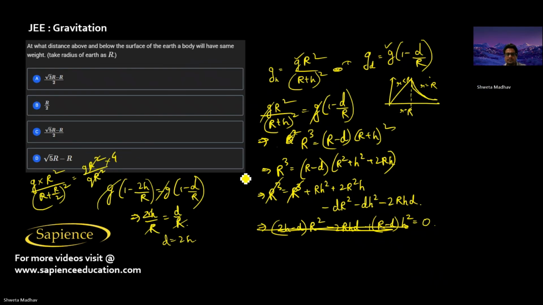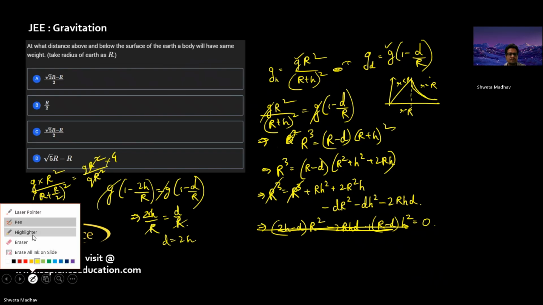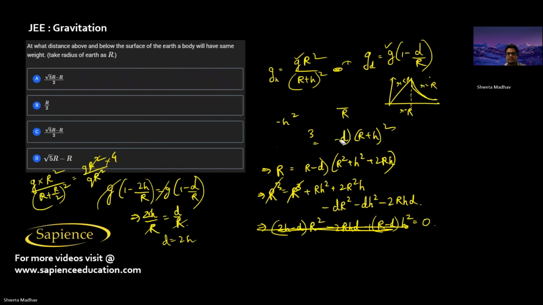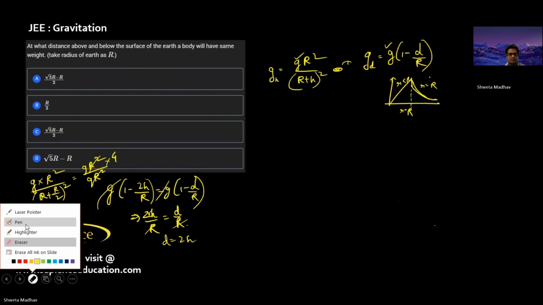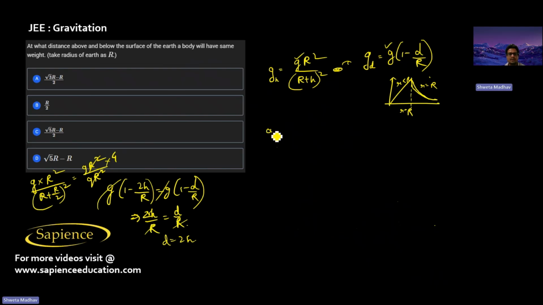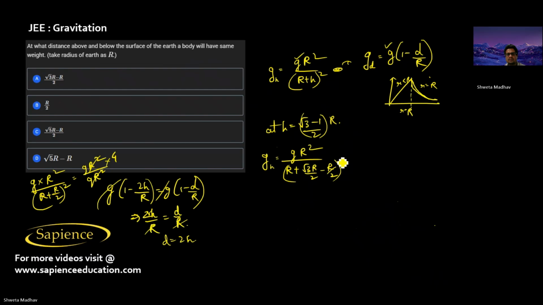Now at h equal to root 3 minus 1 by 2 R, g at that height will be equal to g R square by R plus h, that is root 3 R by 2 minus R by 2 whole square.